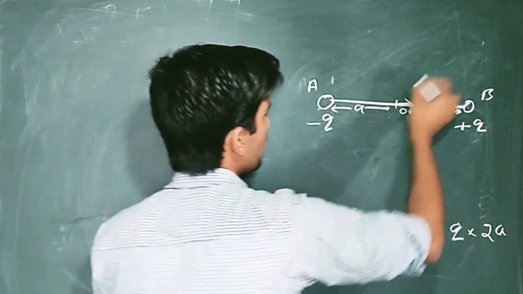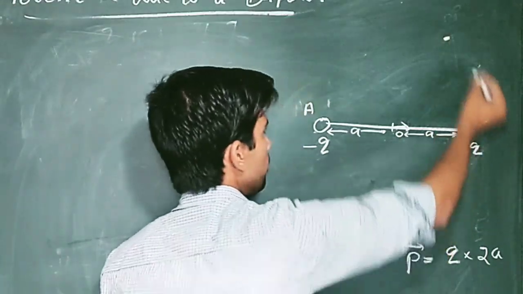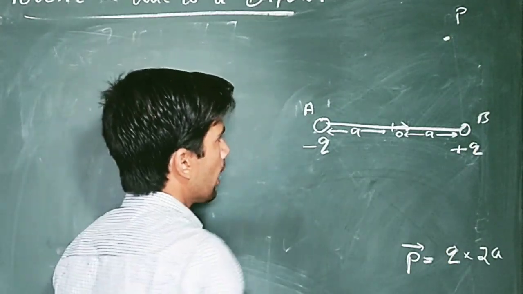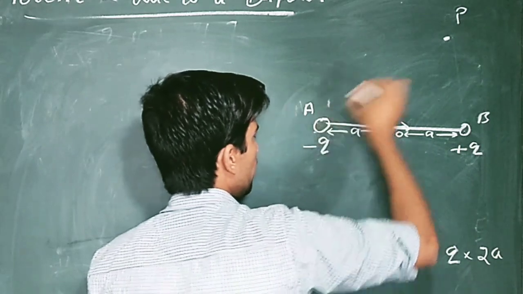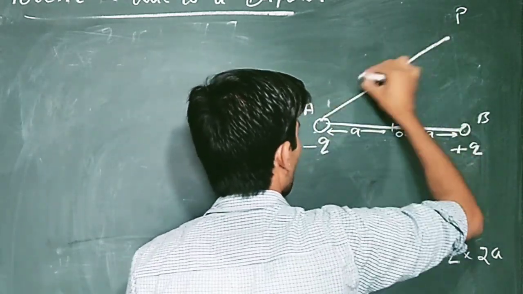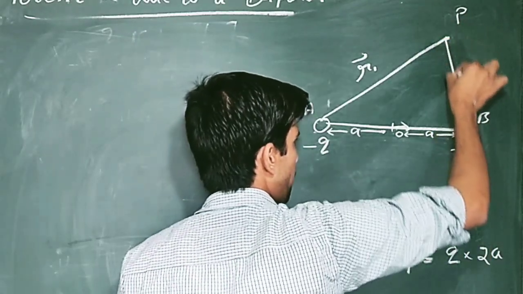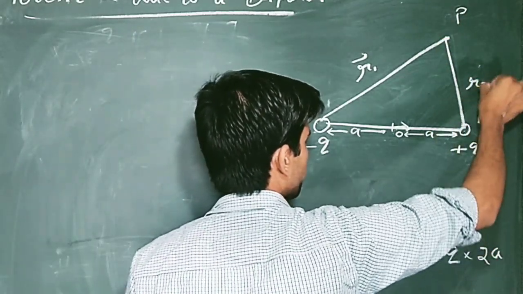And we take another point P, which is neither on the axial line nor on the equatorial line. The position vector from A to P is r1 vector, and the position vector from B to P is r2 vector.